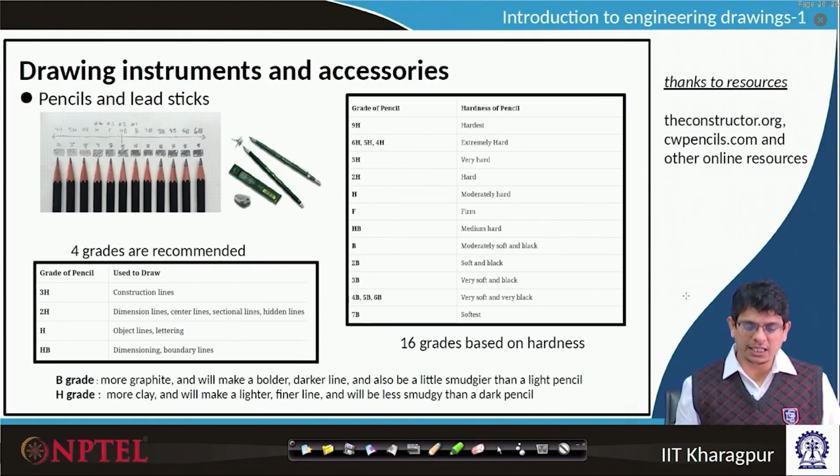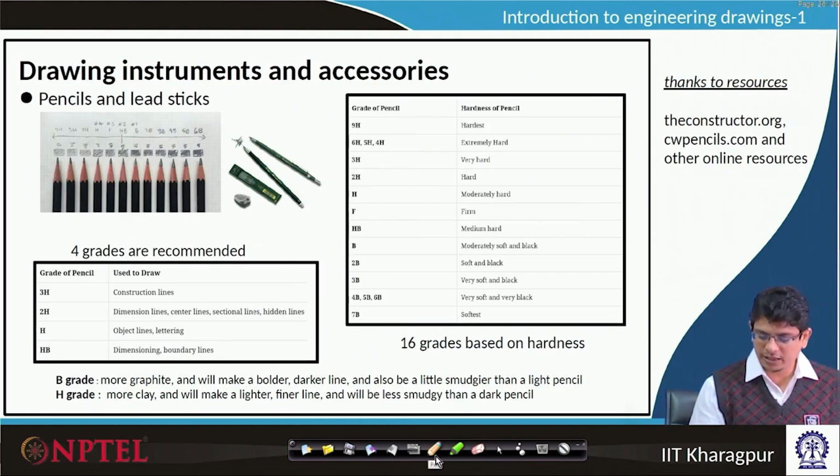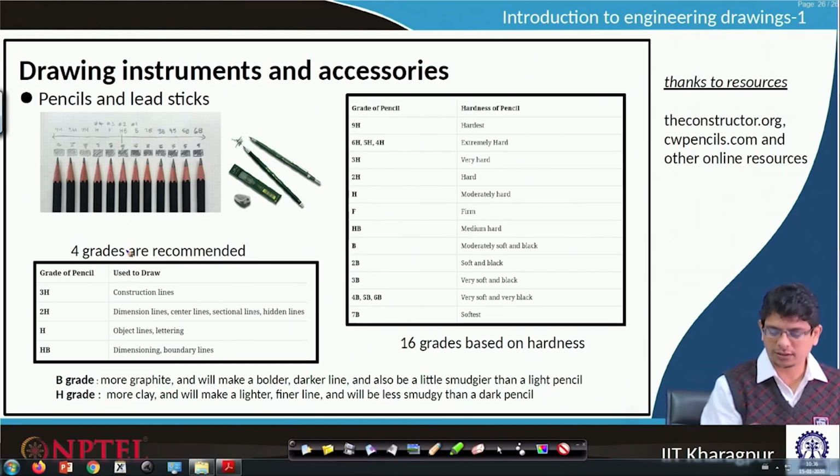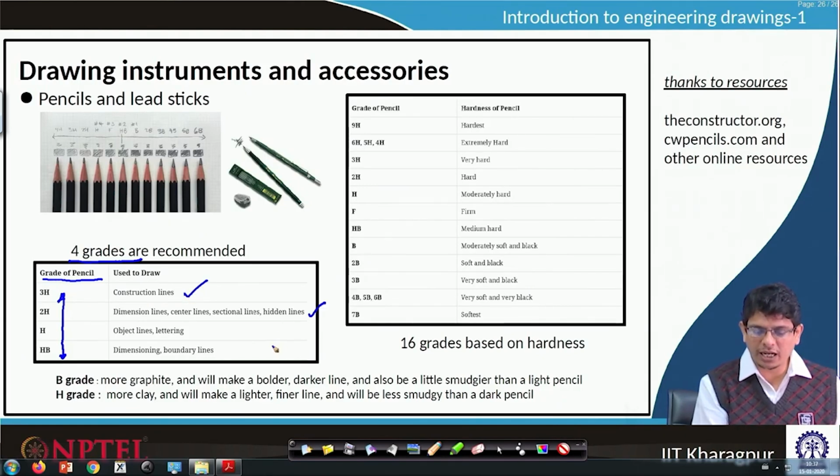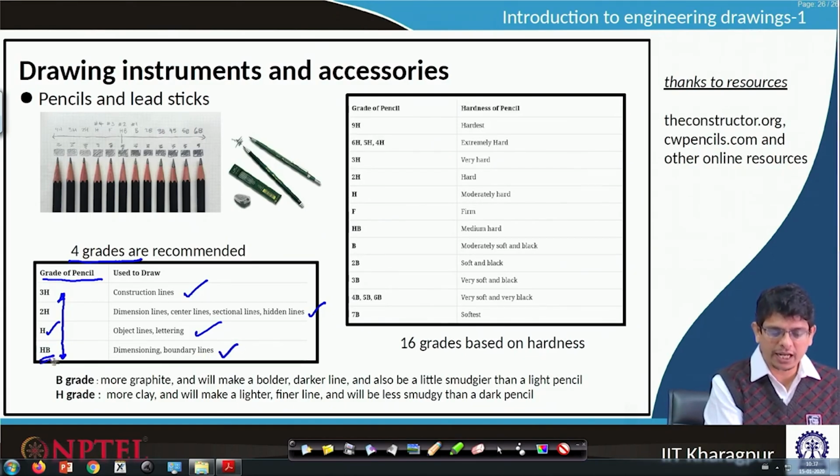The recommended pencils for this course are these 4 grades: 3H, 2H, H and HB. Construction lines, dimension lines and center lines are constructed using 2H. Object lines and lettering have to be done with H, and dimensioning and boundary lines are done with an HB pencil.